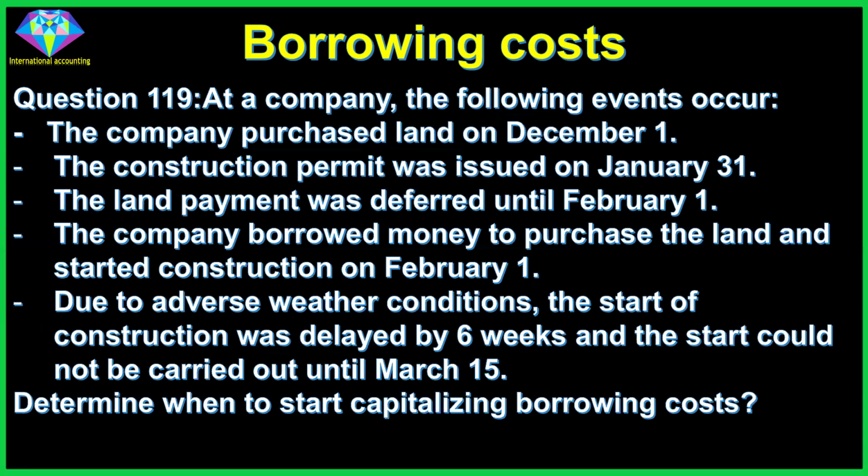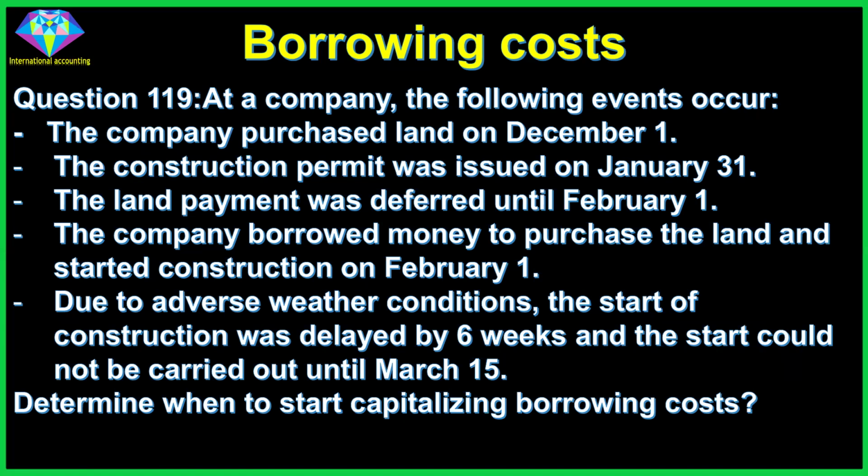Question 119. At a company, the following events occur. The company purchased land on December 1. The construction permit was issued on January 31. The land payment was deferred until February 1. The company borrowed money to purchase the land and started construction on February 1.